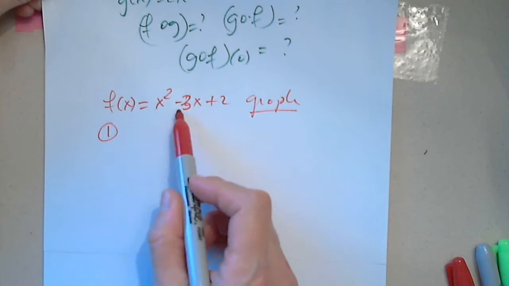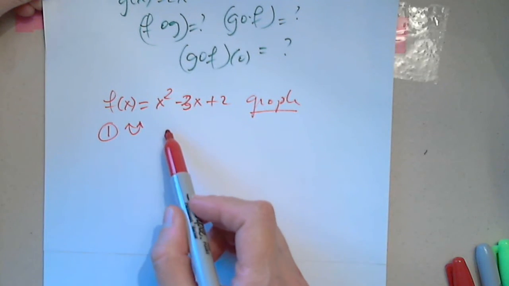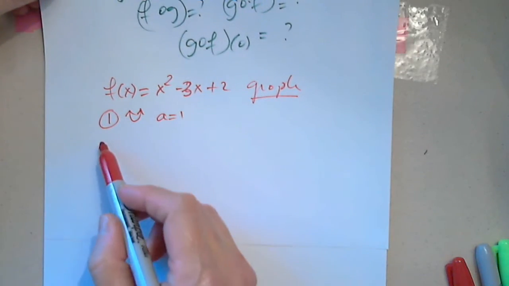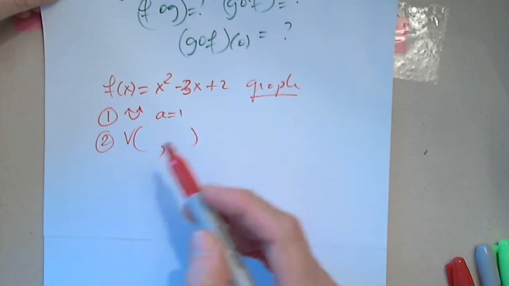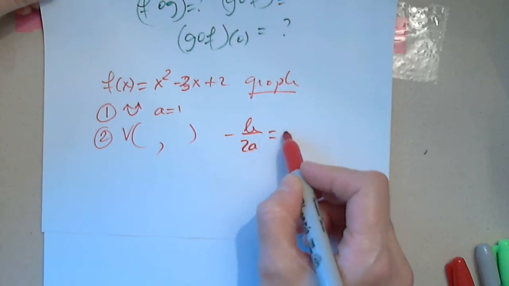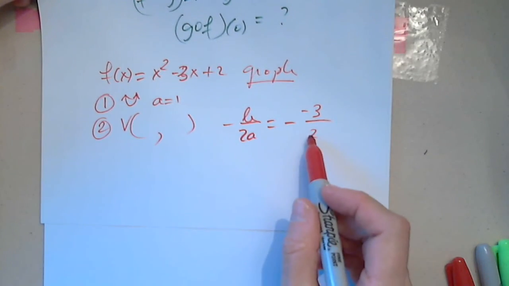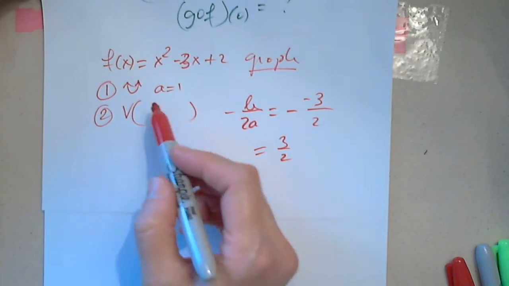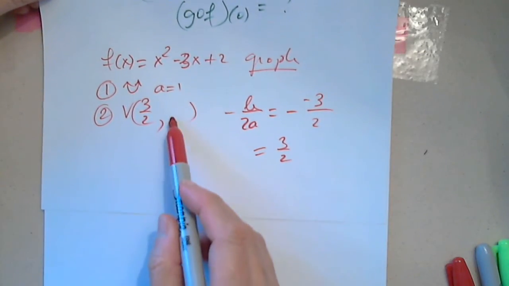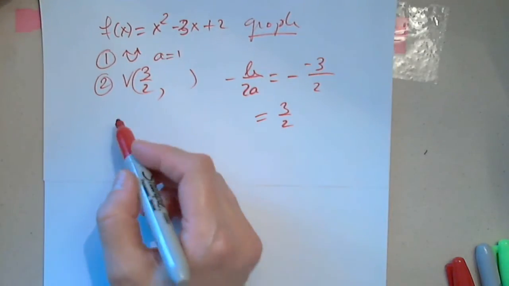So we have to find the shape, and the shape is a minimum because a is 1. In number 2, we find the vertex, negative b over 2a, negative negative 3 over 2 times a, so it's 3/2. And then I have to find the function value at 3/2.